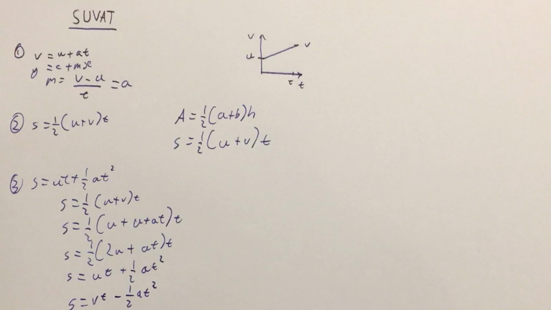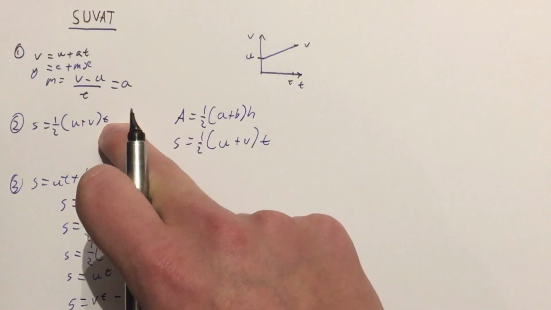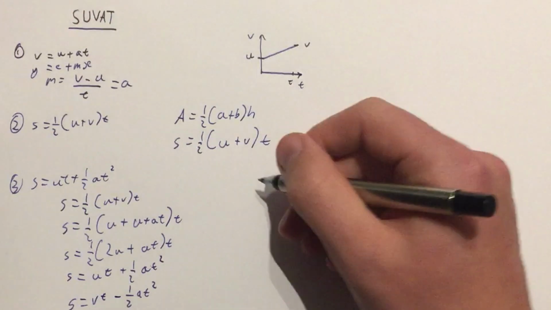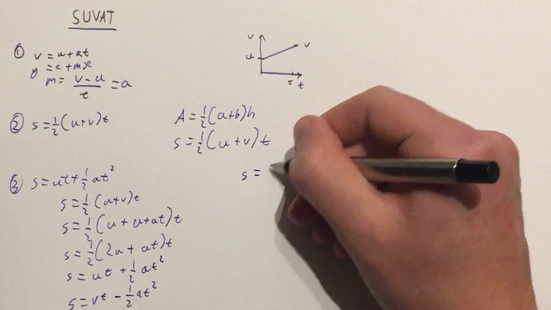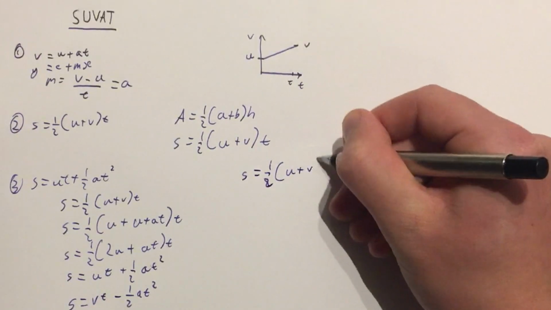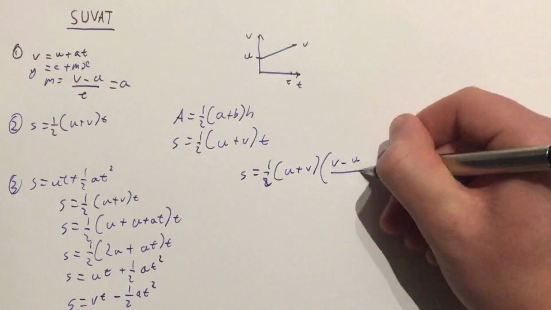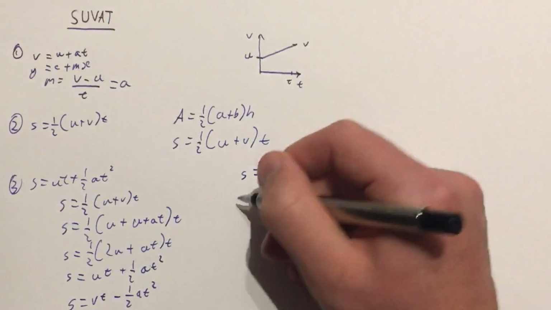If we eliminate t from this equation by subbing in t equals v minus u over a, we get s equals a half u plus v times by t, which is just v minus u over a.